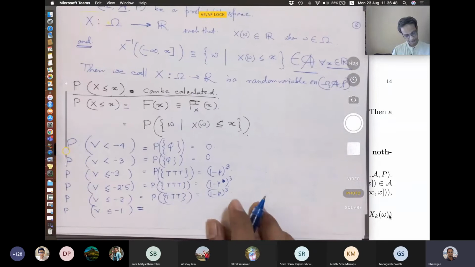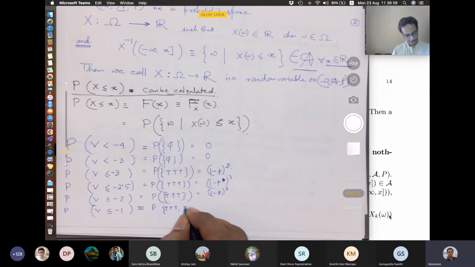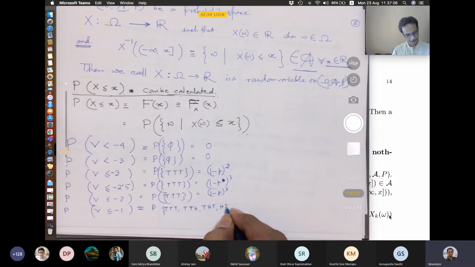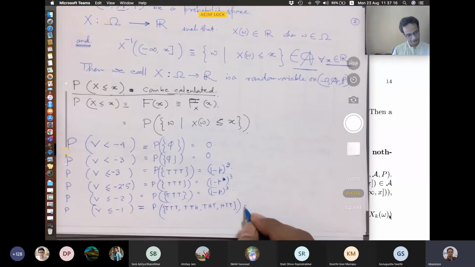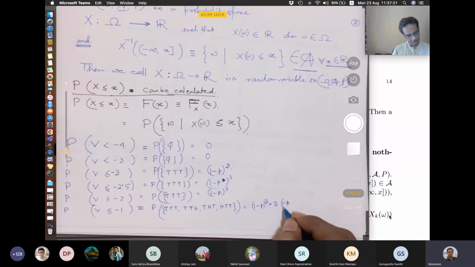So this is the probability of tail, tail, tail; tail, tail, head; tail, head, tail; head, tail, tail. So these are the omegas satisfying this condition, and the probability of this is 1 minus p whole cube plus 3 times 1 minus p squared into p.